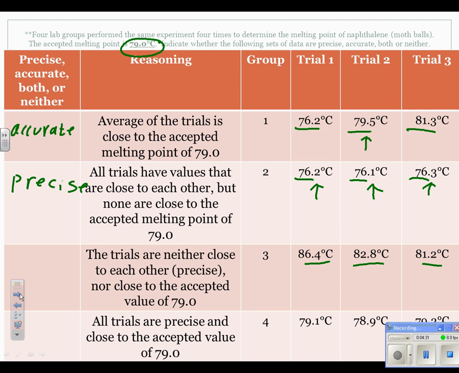Those obviously, again, didn't hit the 79.0 mark. So we're not going to call it accurate. Now you can maybe say 81.2, 81, and 82 are close to each other, but this 86 is an outlier. So with that one measurement is going to cause us to not be precise. And because all the measurements are not near 79, it's not accurate either. So this one's a neither.